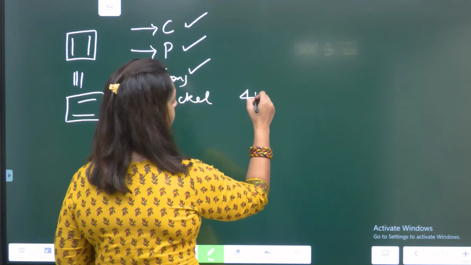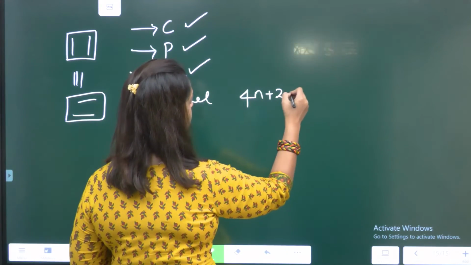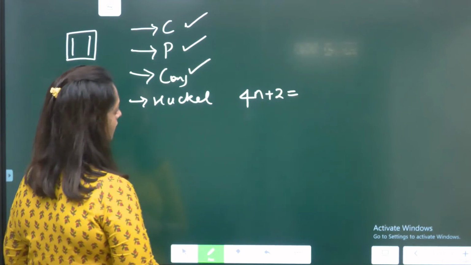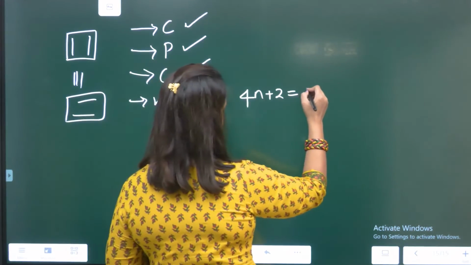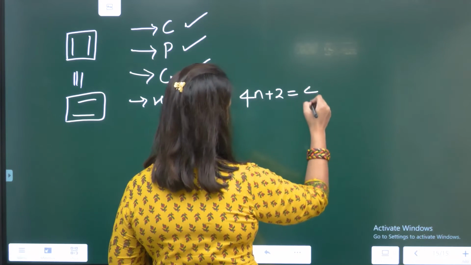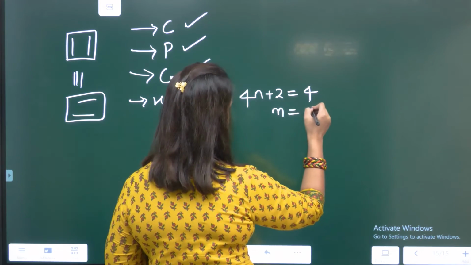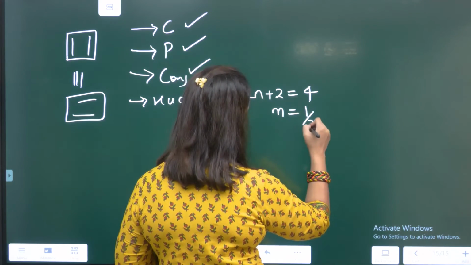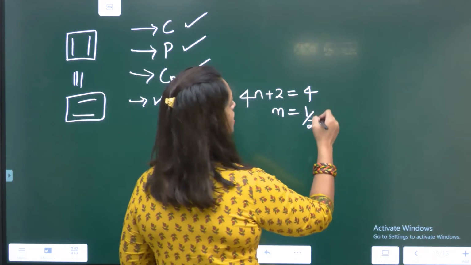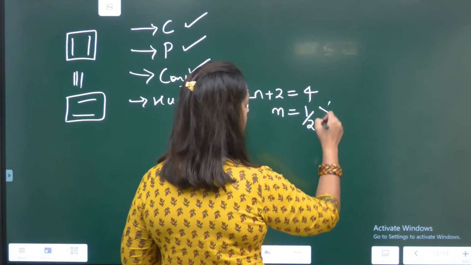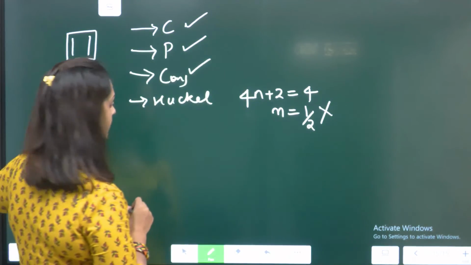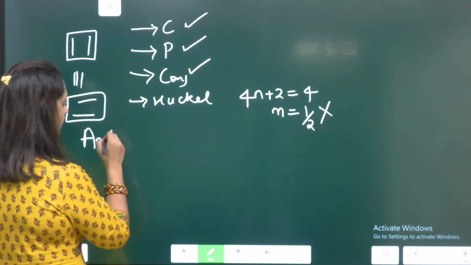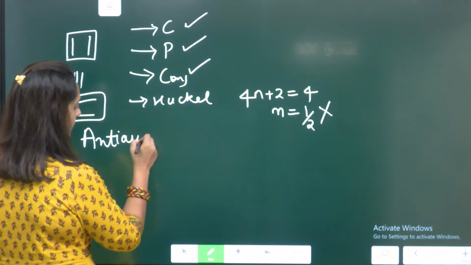When I equate 4n plus 2 with the number of pi electrons present, what is the number of pi electrons over here? 4. So your n comes out to be half, 1 by 2. So Huckel's rule is not followed. So this compound falls under the category of anti-aromatic.